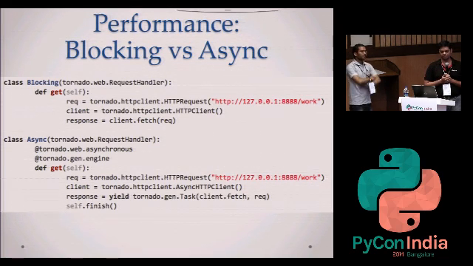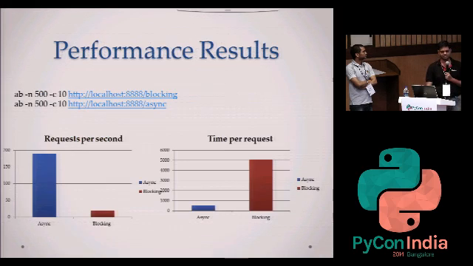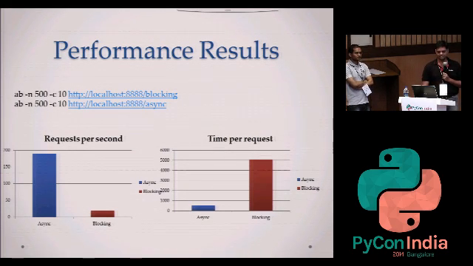But what is /work? /work is nothing but a construct that is added to the IO loop, and it waits for 0.5 seconds. So here are some of the results that we got through the Apache Bench test. We found that the async paradigm helps you serve more requests per second, and the time taken per request is also lower.